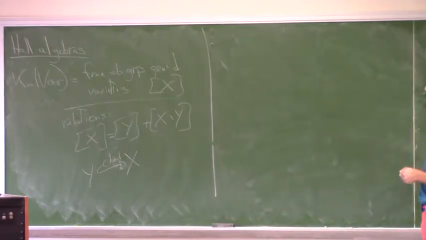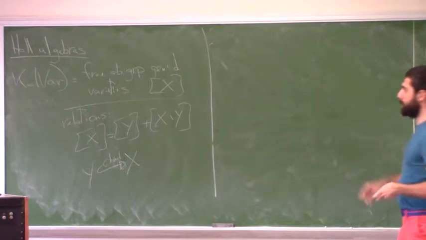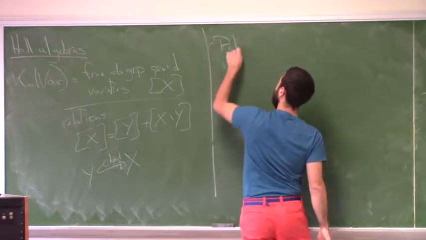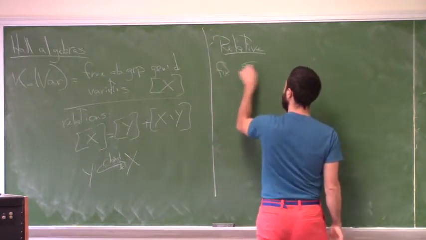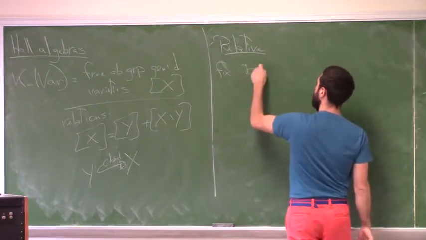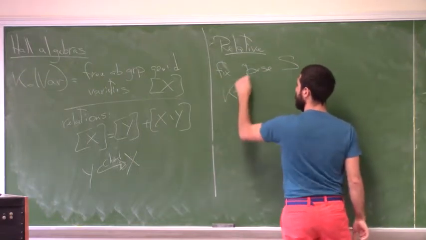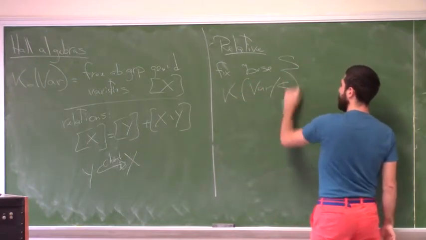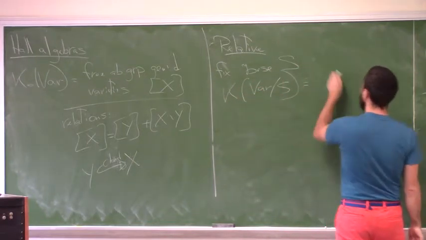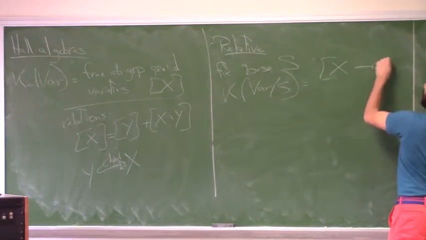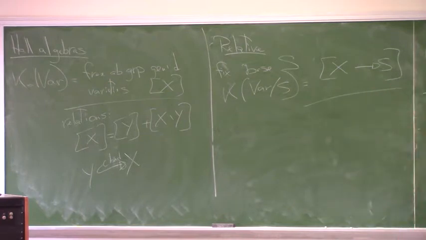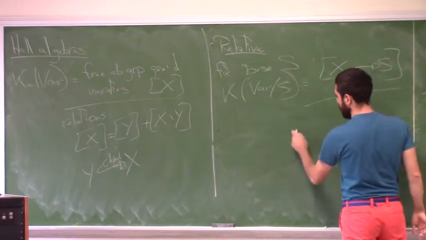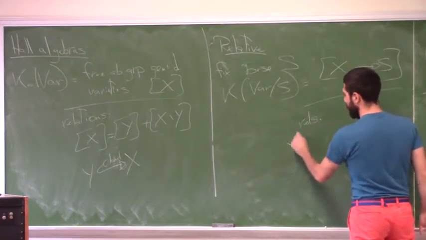Okay, so I can do a relative version of this thing. I can fix a base S, and consider varieties over S. It's the same thing, only that it's going to be generated by maps from X to S. And now the relations are pretty much the same.